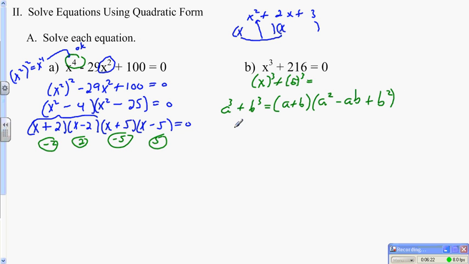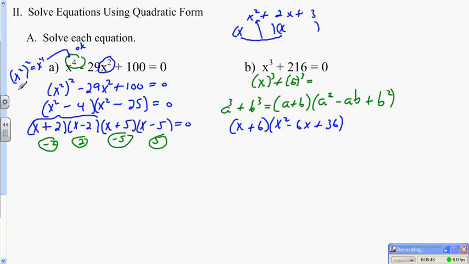So if we follow that rule, we would have x plus 6, x squared minus 6x plus 36.